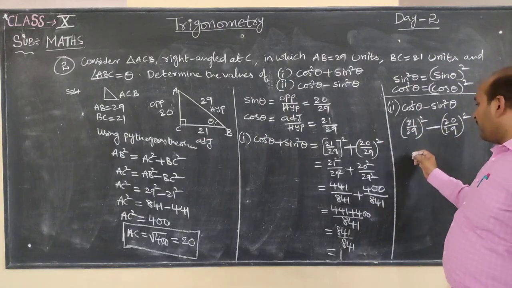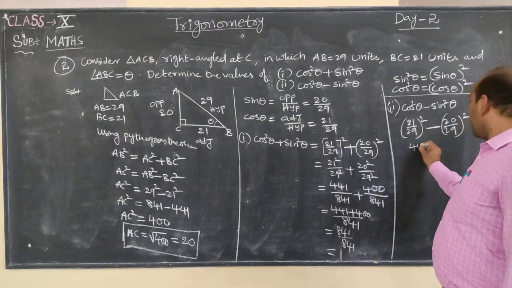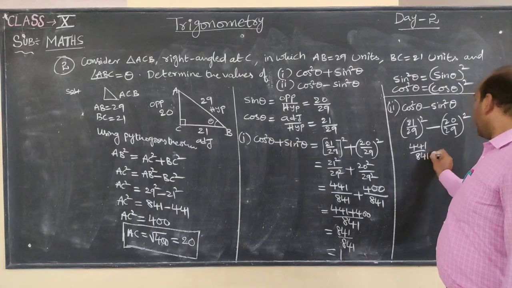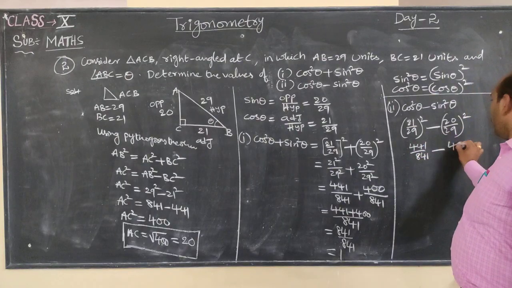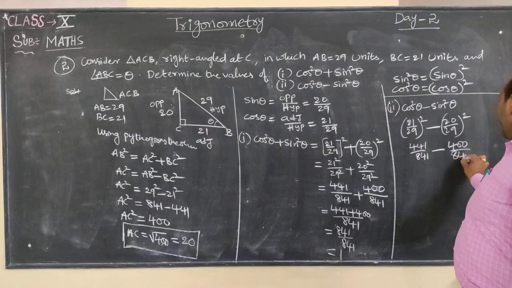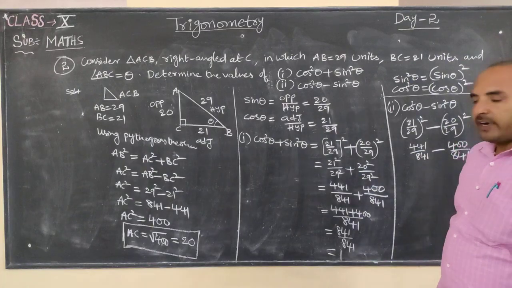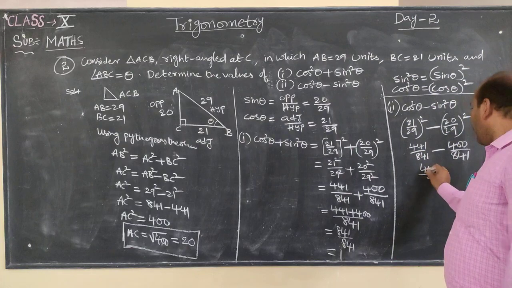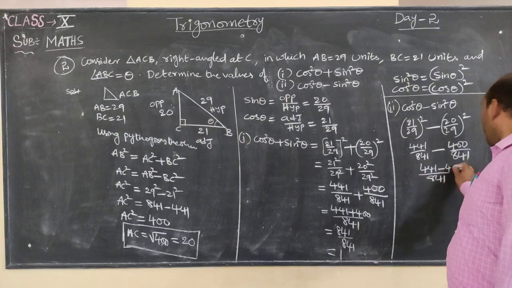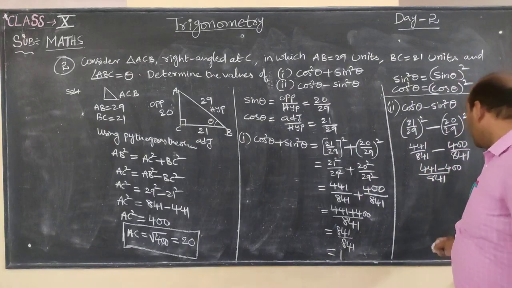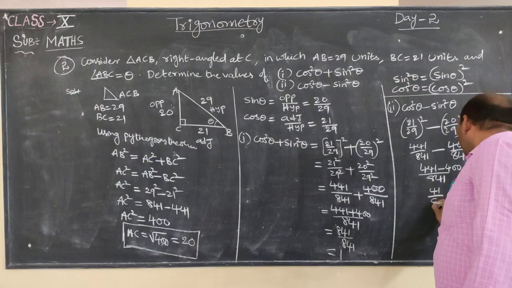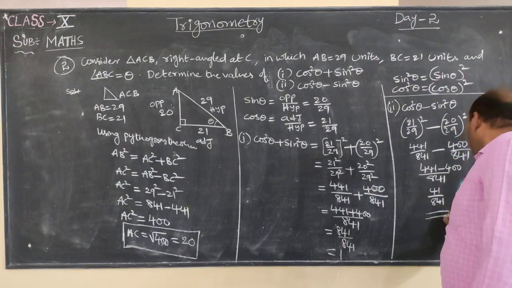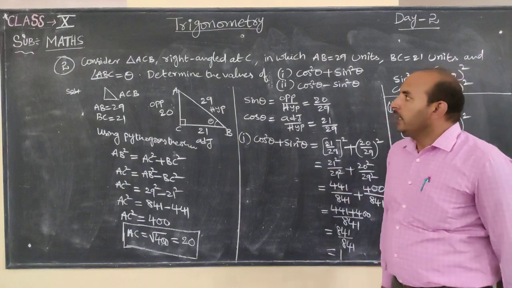So 21 square value 441 divided by 841 minus 20 square 400 divided by 841. Taking LCM 841, 441 minus 400 is equal to 41 divided by 841. So this is the answer.